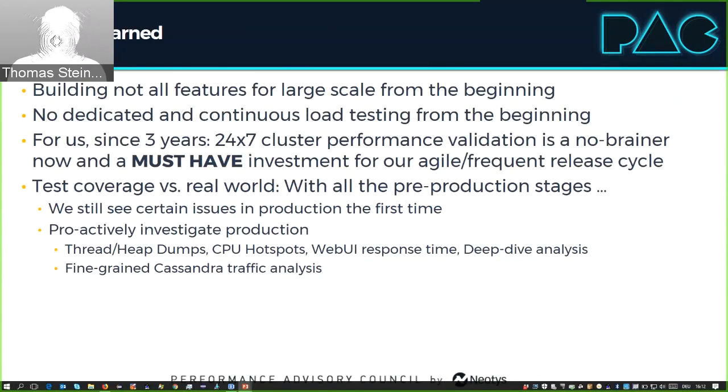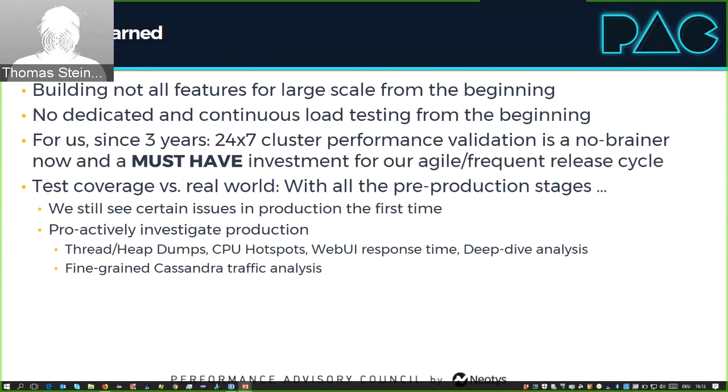So no dedicated thing here. For us, since 3 years, 24/7 cluster performance validation is really a no-brainer. And it's an absolutely must-have investment for our agile 2-weekly release cycle, pushing something into production, into close to 20 SaaS clusters and a lot of managed clusters out there with good quality.